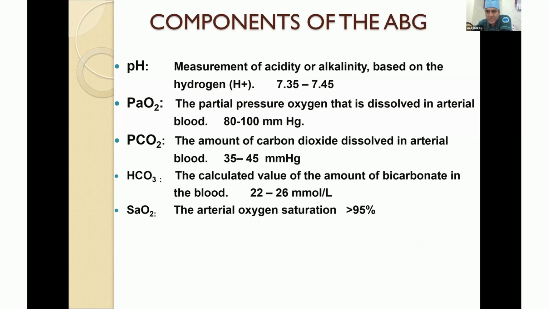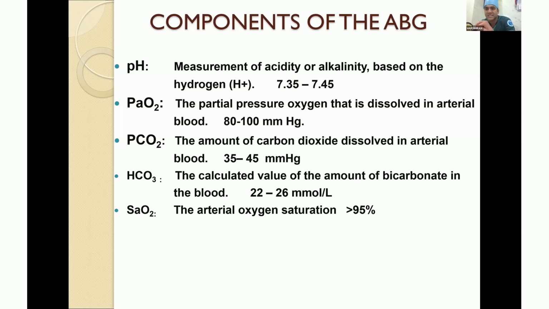Then we also see PCO2, normal value 35 to 45 mm mercury. Bicarbonate, normal value 22 to 26 or 22 to 28 millimoles per liter. And we also see the saturation. We all know the normal saturation is above 95%. These are the values that we look at, and we should also know the normal. To tell abnormal, we should know what is the normal value.